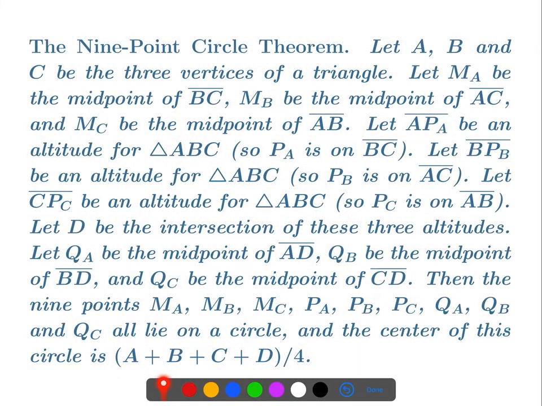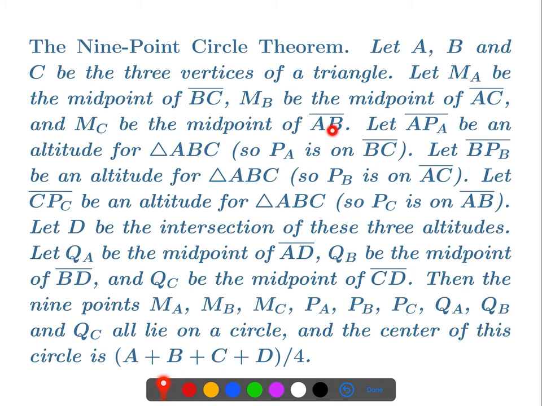Here is the statement of the 9-point circle theorem. So we have the 3 vertices of a triangle, A, B, and C, and we let M sub A be the midpoint of the edge opposite A, so it's the midpoint of BC. M sub B is the midpoint of AC.